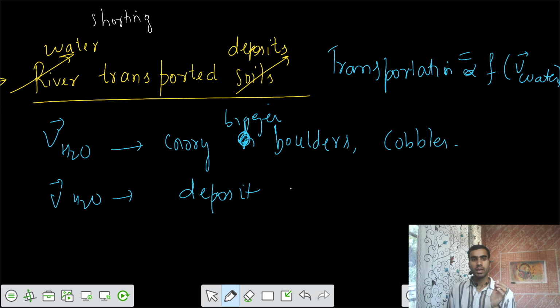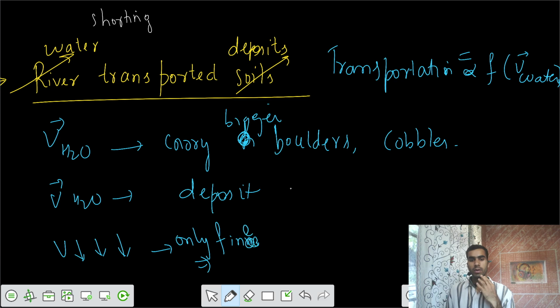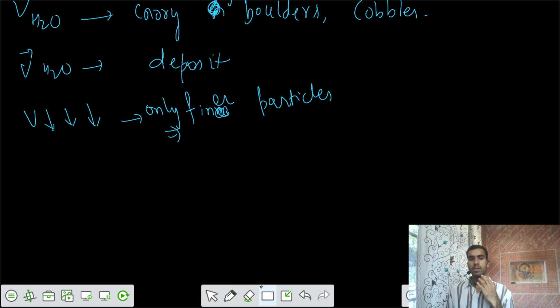Similarly, when velocity keeps decreasing, the particle size it can carry also decreases. Now only finer particles like sand and clay are going to be carried along with the water, along with that river.